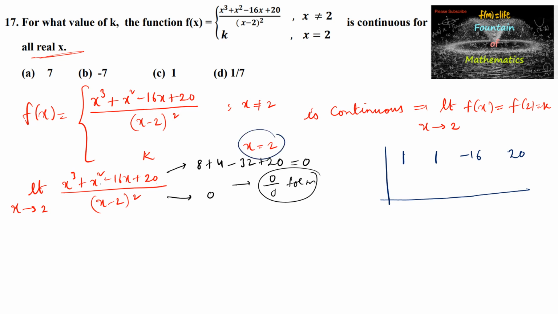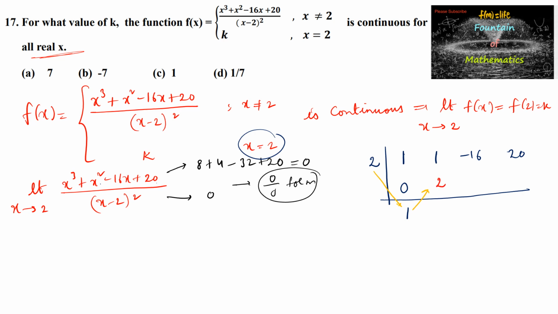Consider x equal to 2 here. Initially you start with a 0. So addition, 1 plus 0 is 1. Now we need to multiply 2 into 1, 2, that 2 is written here.